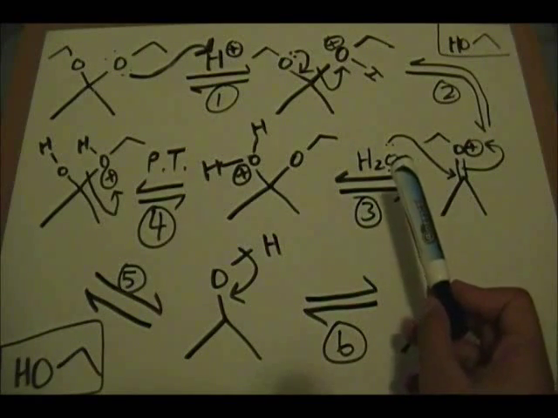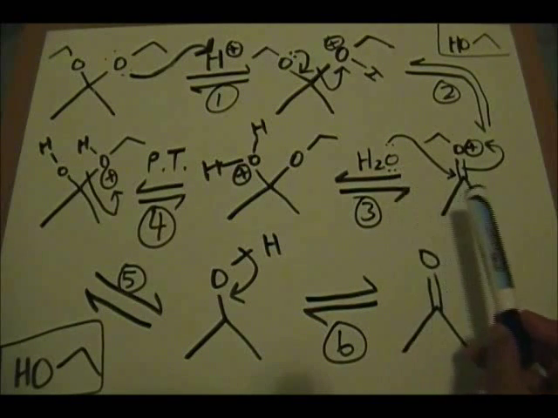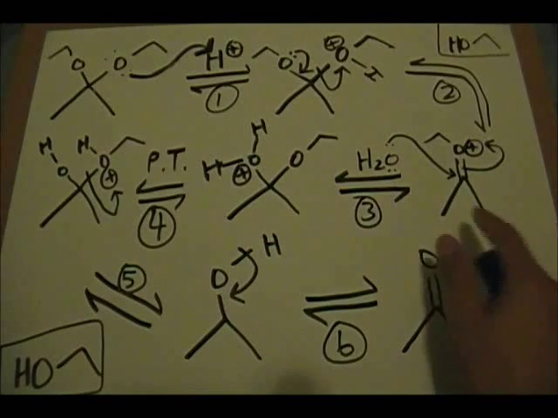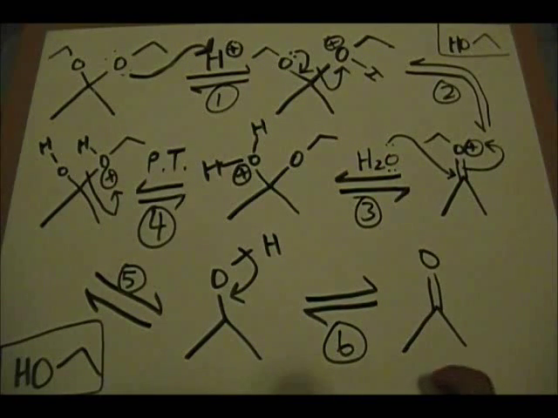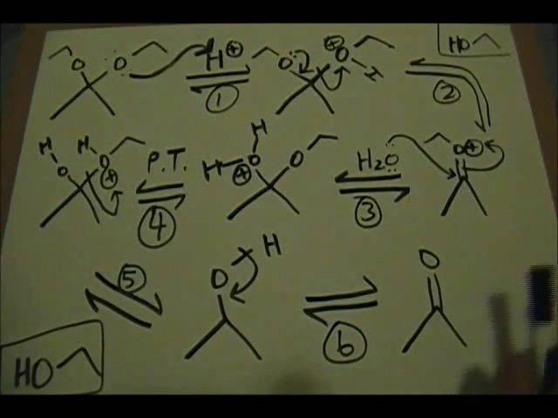Water, we use the lone pairs on the oxygen to form a bond between the oxygen and the carbon here. All the chemistry is occurring mostly on this carbon present here.